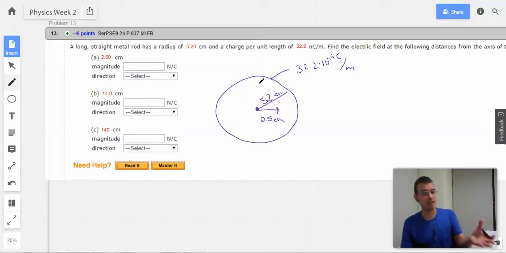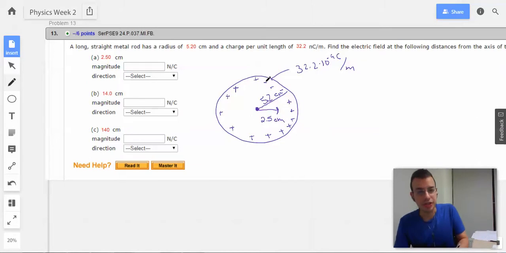We either have an excess of electrons or a lack of electrons, which gives you the positive charges. So here, we're going to say positive charges, and the positive charges want to get as far away from each other as possible. So they're going to push out to the edge of the sphere. That way, they'll be able to maintain a maximum distance between themselves.